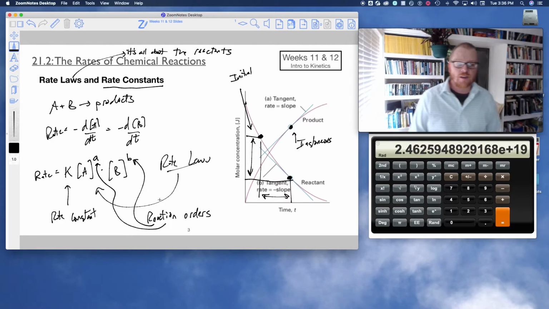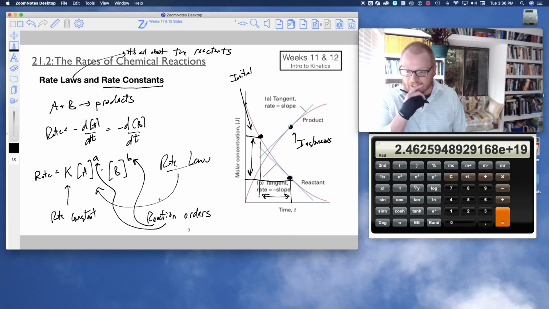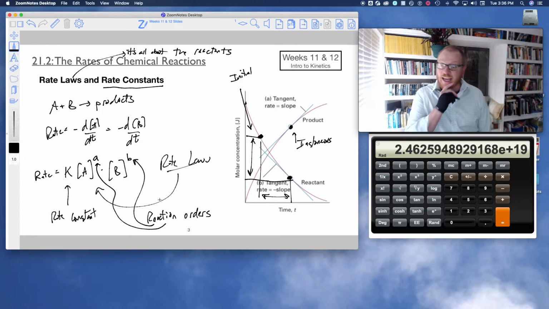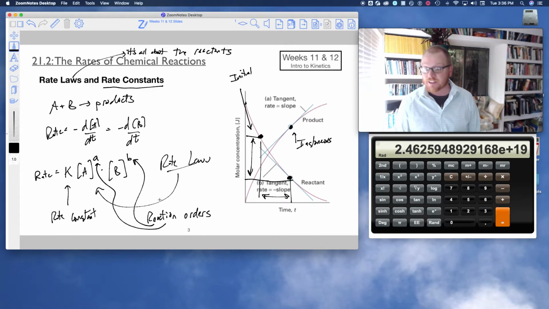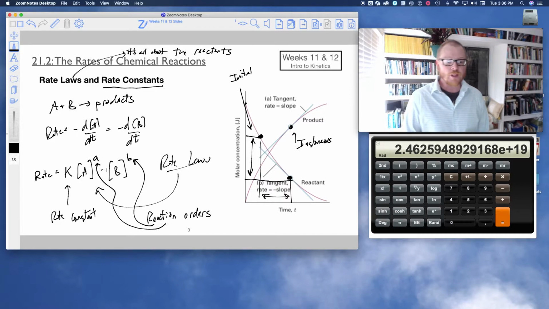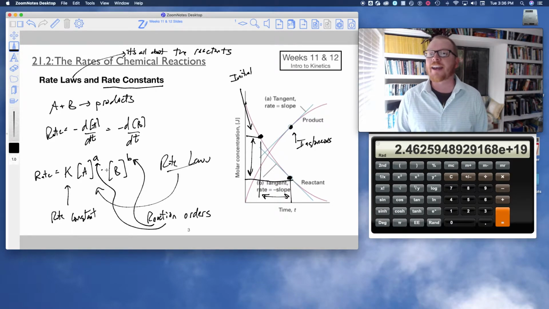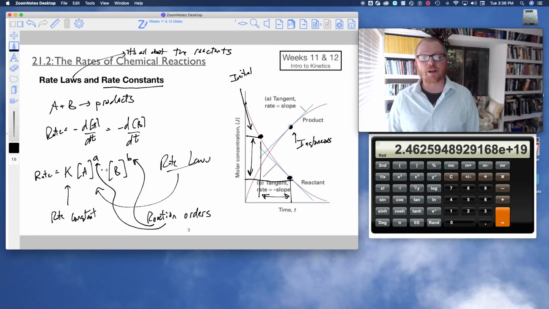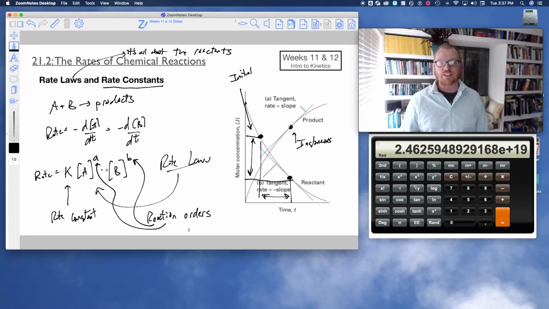And this is the complicated thing of kinetics. In equilibrium, we often just look at the stoichiometry and get what those coefficients should be. They are the stoichiometric coefficients. Reaction orders are not necessarily the stoichiometric coefficients, okay? As it turns out, they are the stoichiometric coefficients when you have an elementary or a fundamental step.